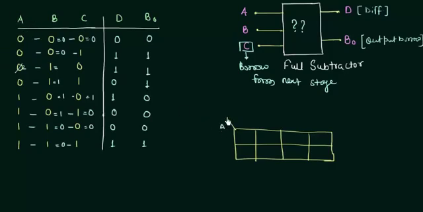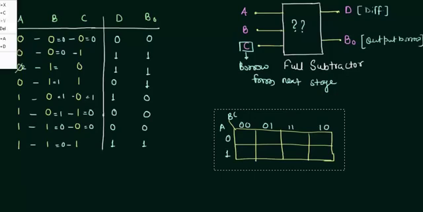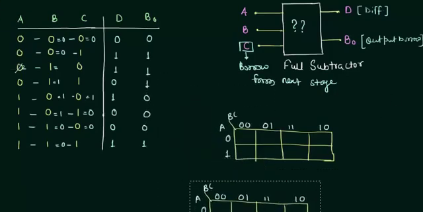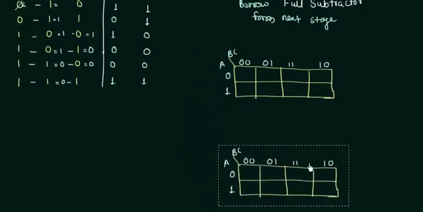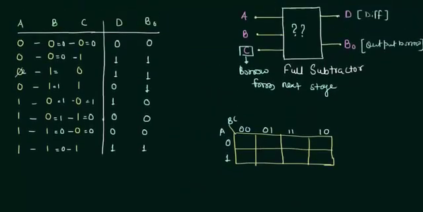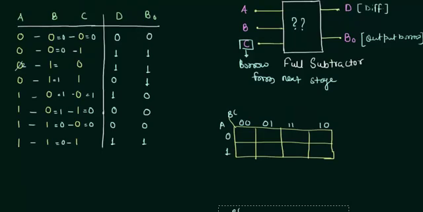So A will be here, BC is here. 0 0, 0 1, 1 1, 1 0, and 0 1. We are going to require the same K map to solve for BO, so I'm going to copy it and paste it so that we will use the same 8 cell K map for the borrow output. It will save our time a bit.